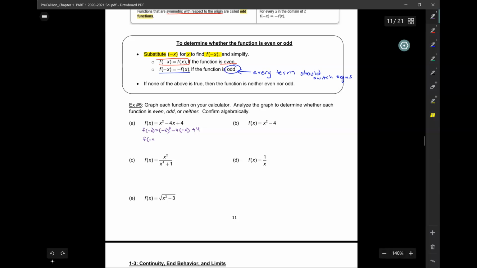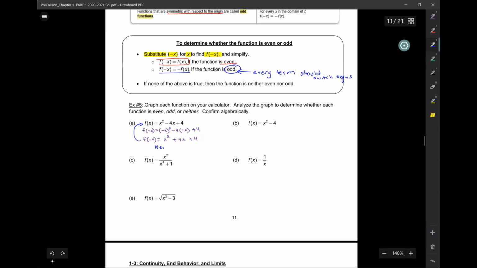Now, let's simplify. Here I get x squared. Here I get plus 4x plus 4. Okay, now, compare with this function. Is it the same? No. Did every single term change signs? No, only one of them changed signs.